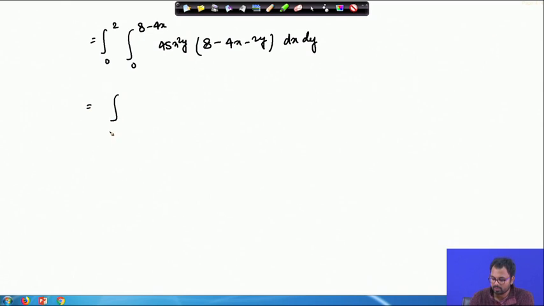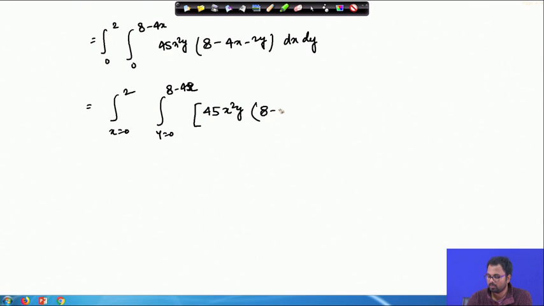So, this will be the integral with x running from 0 to 2, and let me write the limit for y running from 0 to 8 minus 4x, and then 45 x square y times (8 minus 4x minus 2y) dy, and then we integrate with respect to dx.